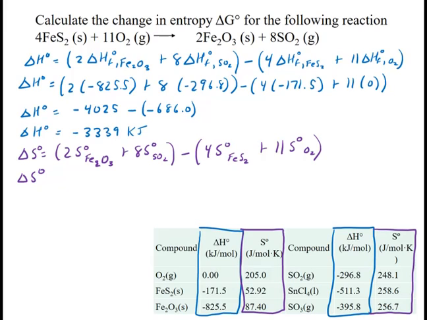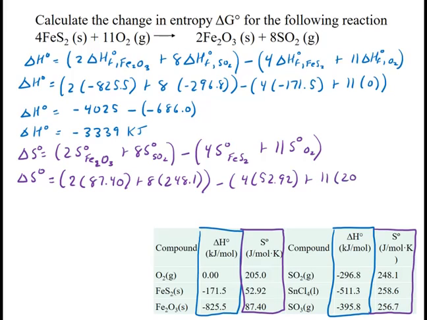Okay, so it's going to be 2 times 87.40, plus 8 times 248.1, minus 4 times my 52.92, plus 11 times 205.